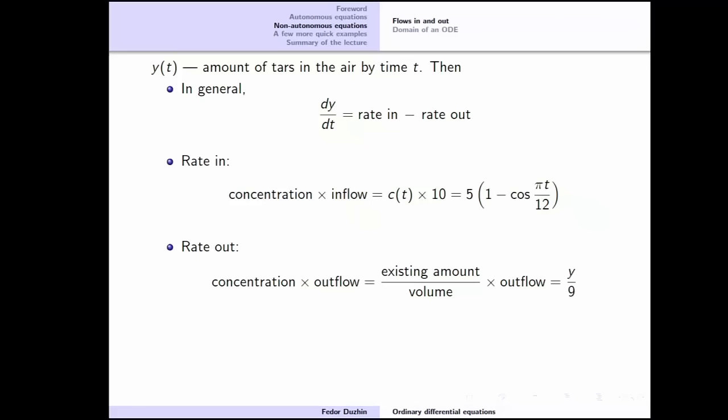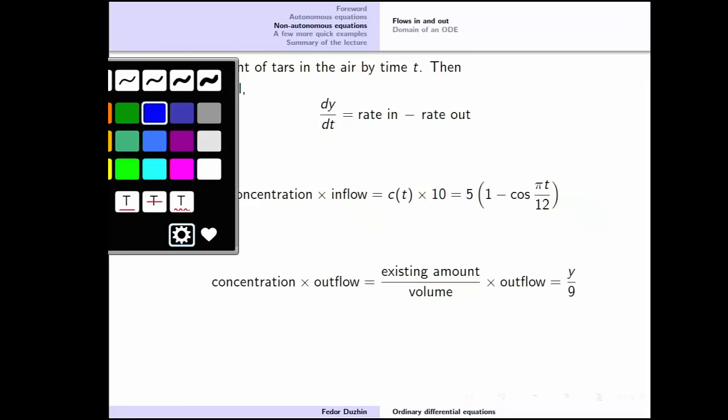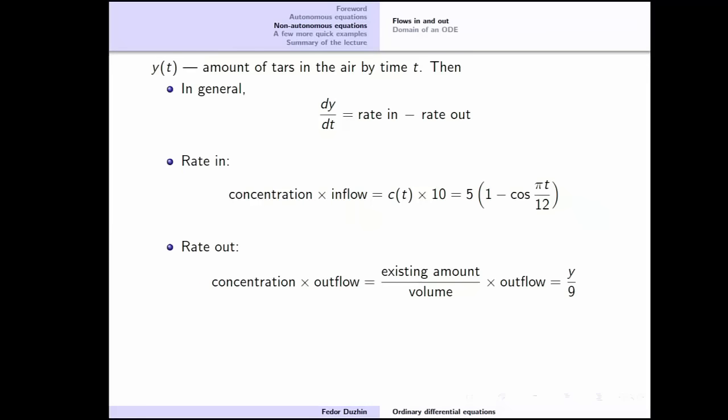So the existing amount equals y, the volume equals I think it was 90, right? This is measured in milligrams per cubic meter, so that's the existing concentration of tars in the lounge.